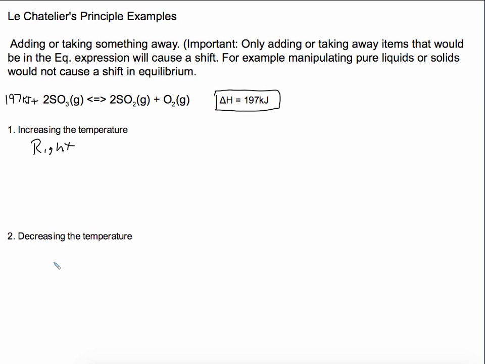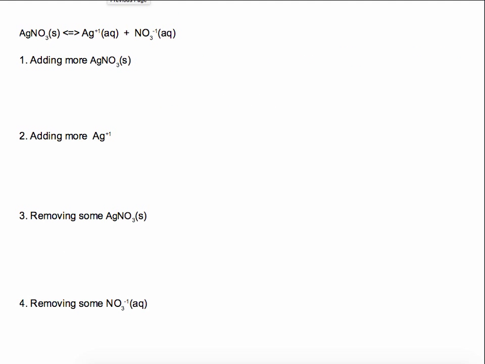If you increase the temperature, it's like adding kilojoules to the side. Decreasing the temperature would be like taking kilojoules away. If you take kilojoules away, it's going to shift to the left. So with temperature, just write it on the side of the equation that it goes on and think about what would happen, just treat it like a physical thing.